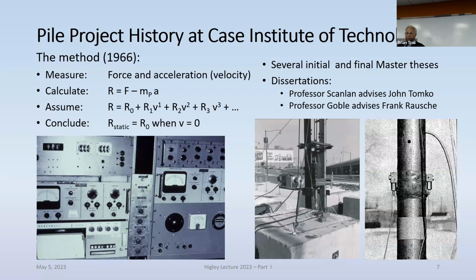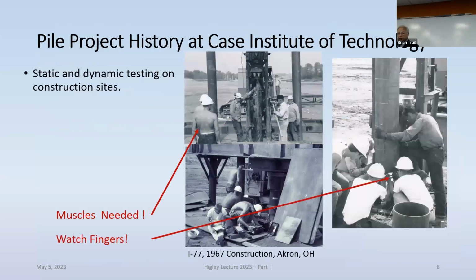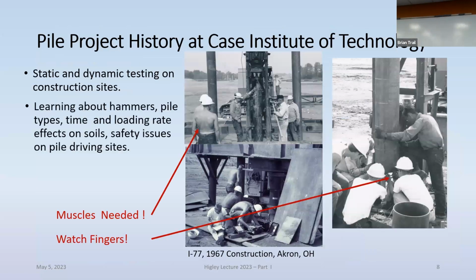So John Tomko studied that further, and you see here our full-scale testing site in Akron at that time. The I-77 was then being built. We had to have a whole crew of undergraduate students helping us because there were things to be carried and held and read and moved.